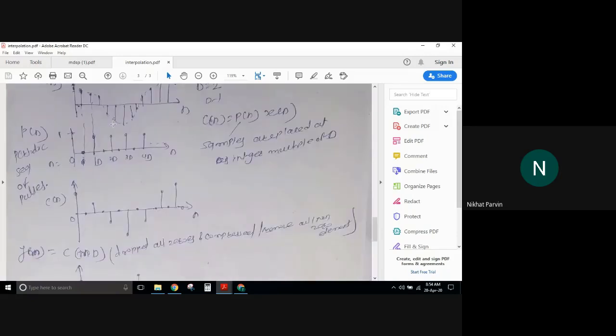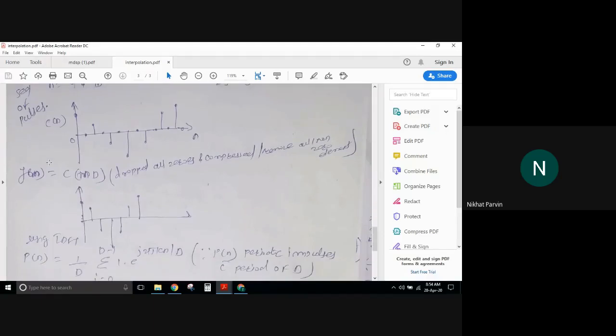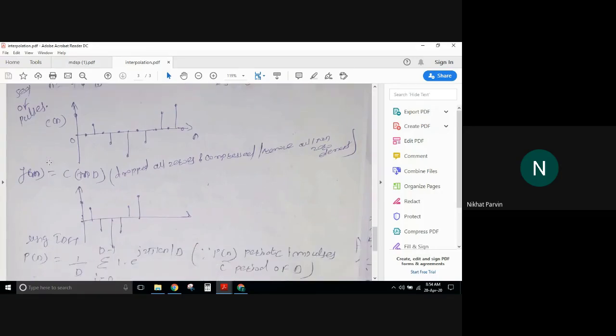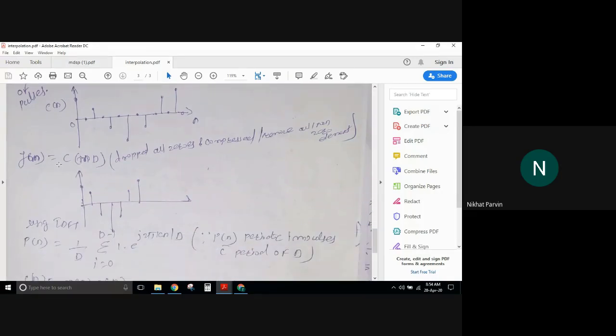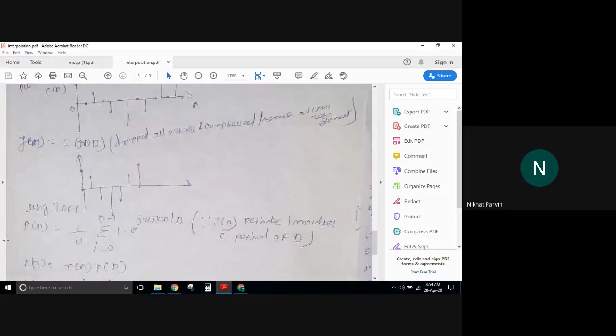Now to get this p of n: p of n is a periodic impulse with a period of d, a periodic sequence of pulses with a period of d. That means if I use IDFT with a magnitude of 1, I can say p of n equals 1 by d, where k varies from 0 to d minus 1.